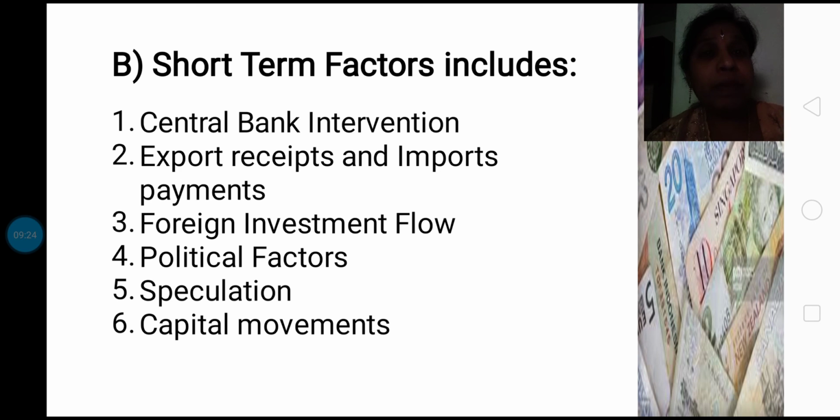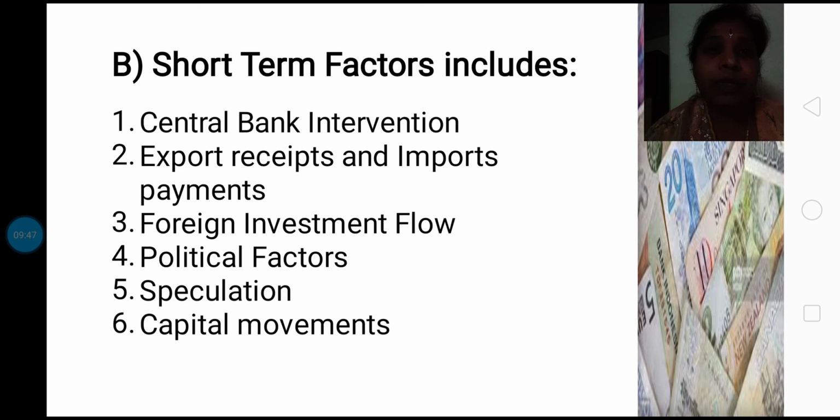So people might doubt whether there is stable political intervention in the country or not. If the government is stable, definitely people will have confidence in the government and they try to invest their money in the country. Then there will be demand for the currency.